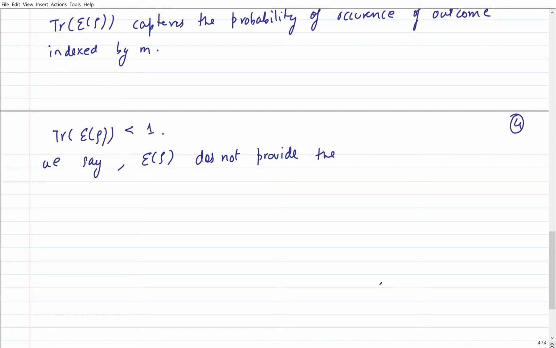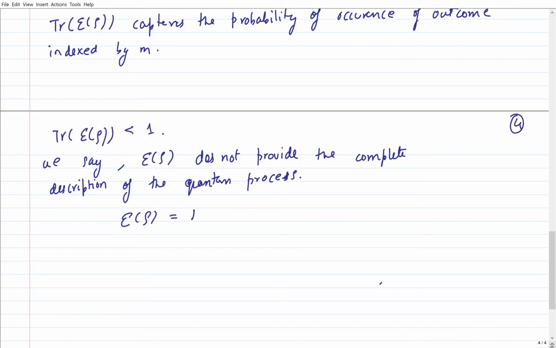The complete description of the quantum process. I mean, for example, we already had this guy. Well, we do not know what are the other outcomes.